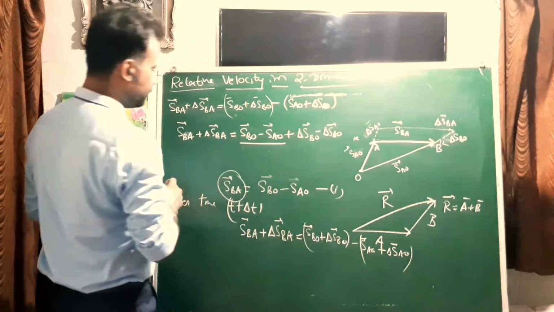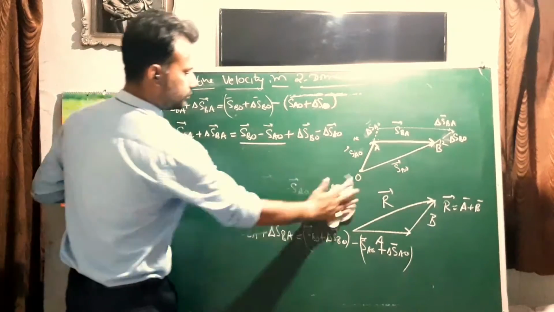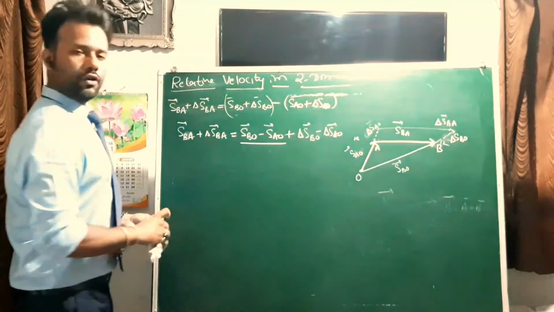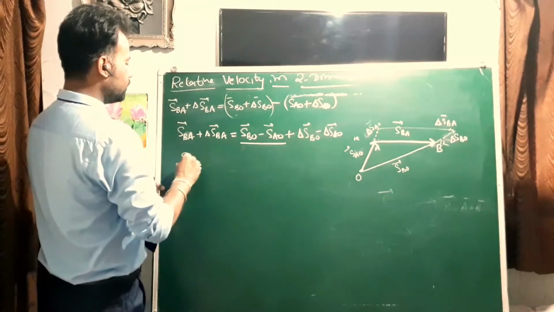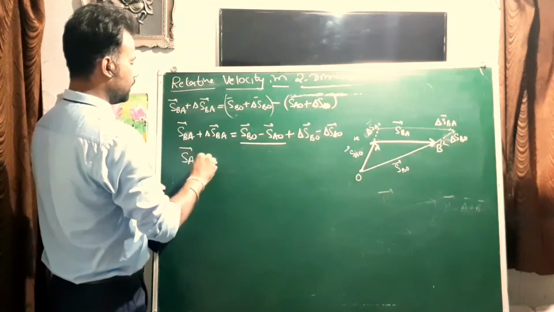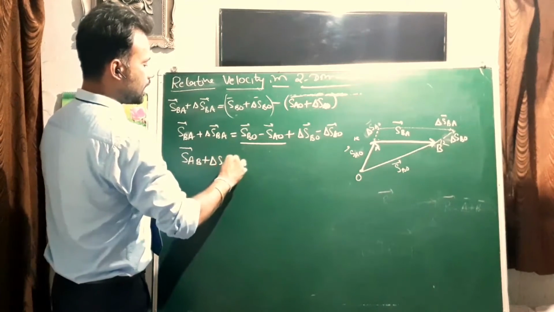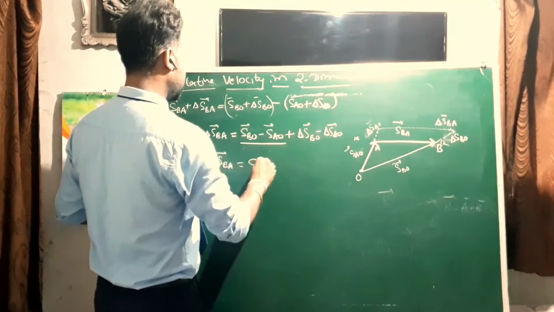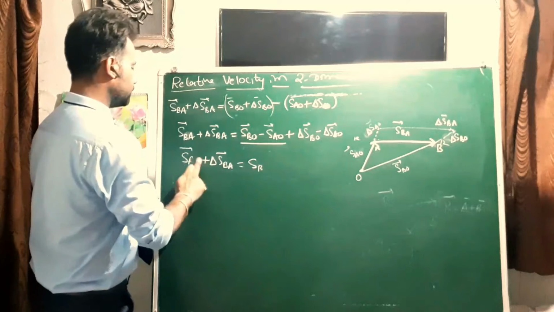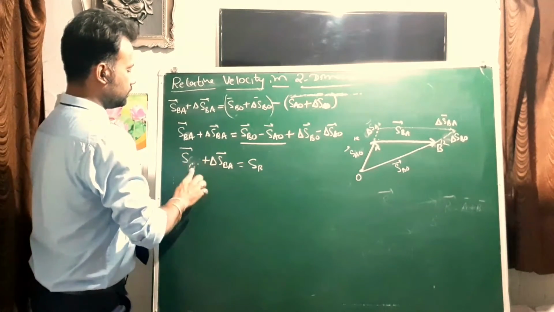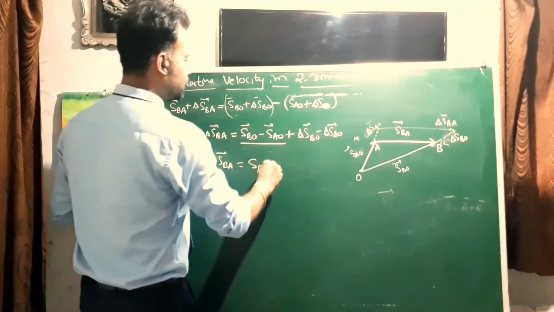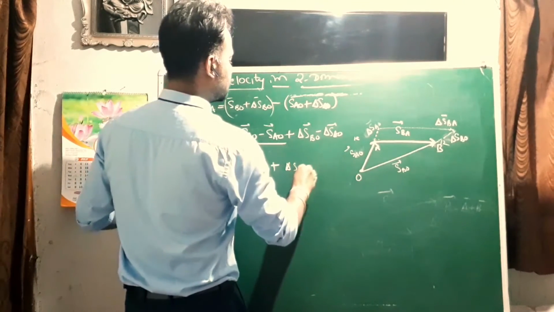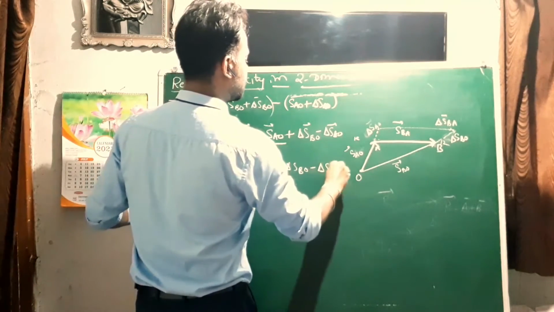So this can be written as, from equation number 1, SBA plus del SBA equals to SBA plus del SBO minus del SAO.